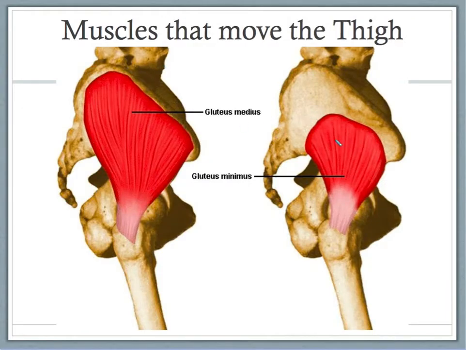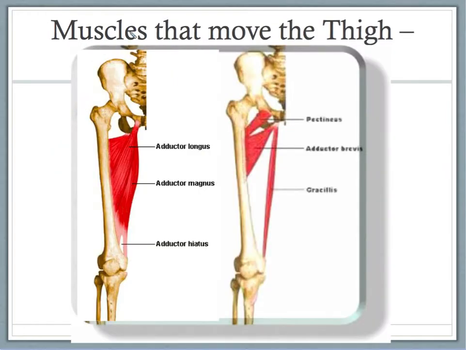So we've seen this. Here's your gluteus minimus again, beneath the gluteus medius. Here's your adductors. You have 3 of them. Adductor longus, adductor magnus, and your adductor brevis is up here. It's shorter. So the brevis is really short. The magnus is this whole thing. So it goes here, and then it runs all the way out here. This whole thing is the adductor magnus. So magnus meaning big.